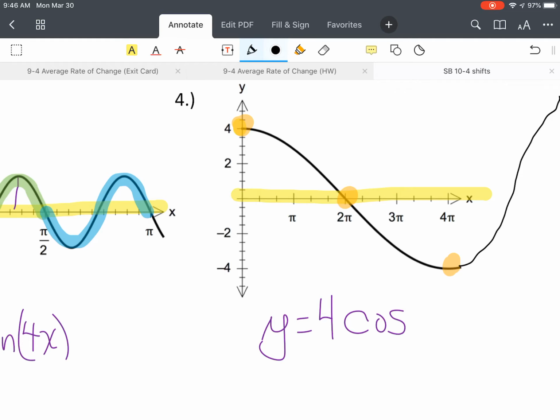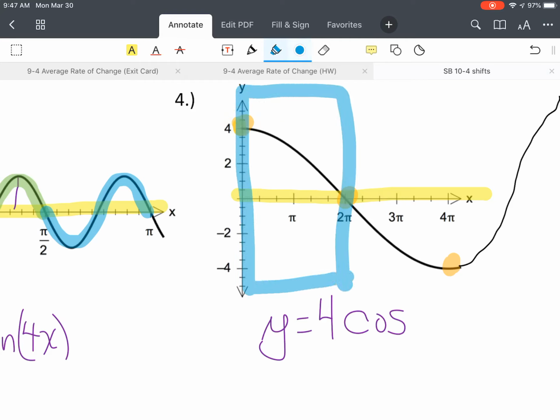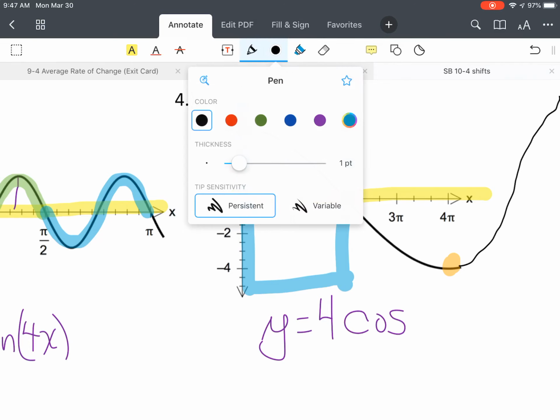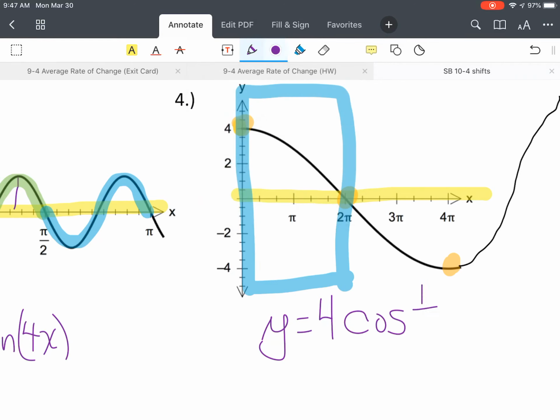If it takes me up to 4 pi to do half the graph, it would take me up to 8 pi to finish the graph. How much of the graph do I see up to 2 pi though? Well, I'm seeing half of it up to 4 pi, so I'm only seeing a quarter of it up to 2 pi.